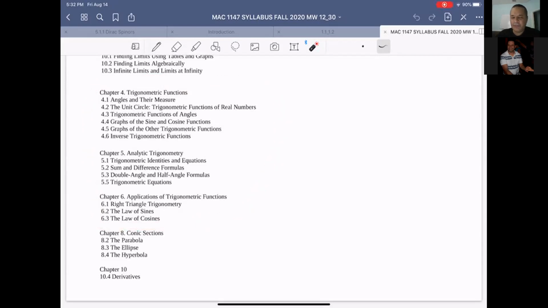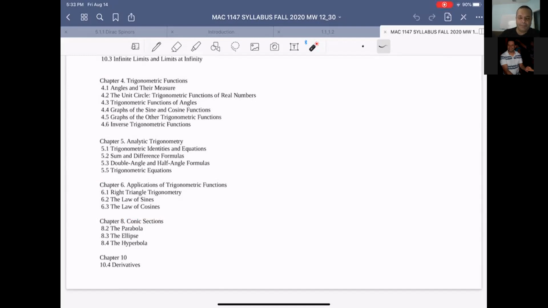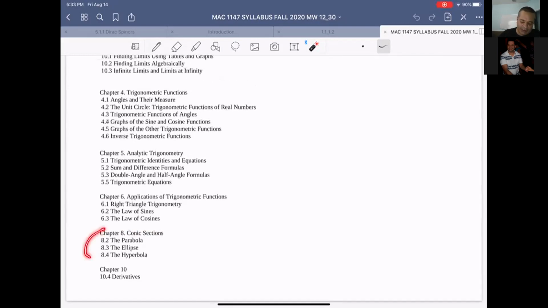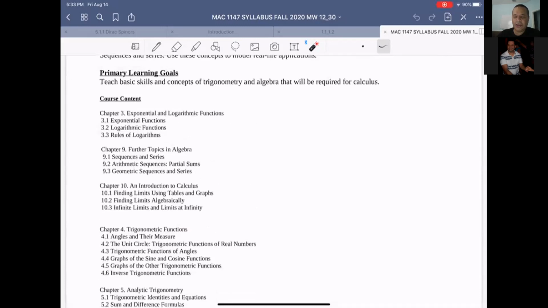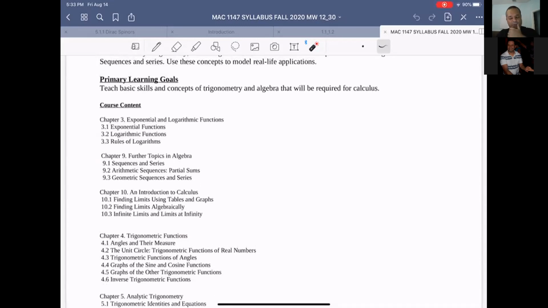So a big, large section of trigonometry. Chapter 8, dealing with conic sections, and then derivatives at the end. That's sort of a lead into calculus. So that's basically what we're going to be working on in this semester.